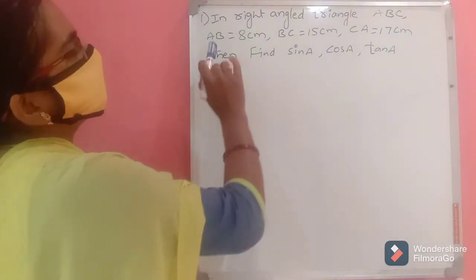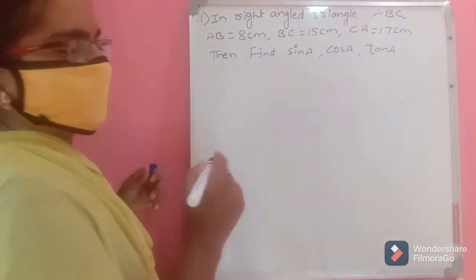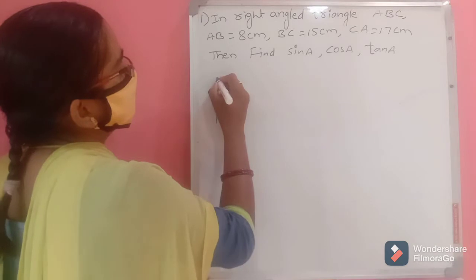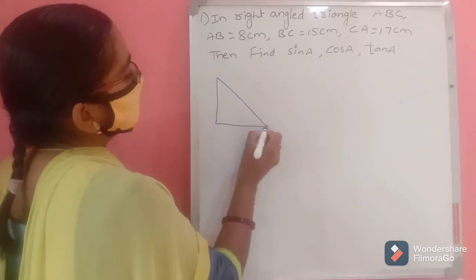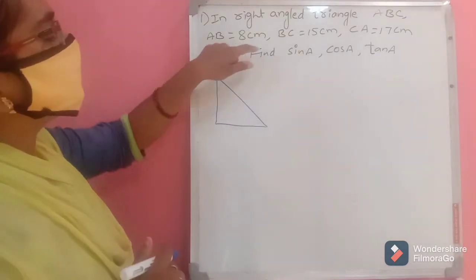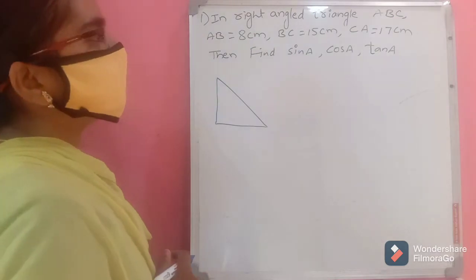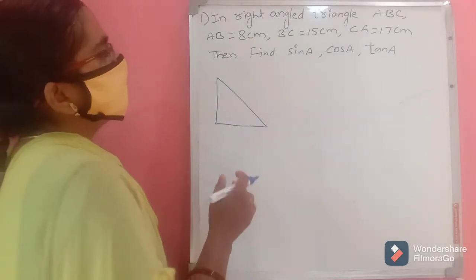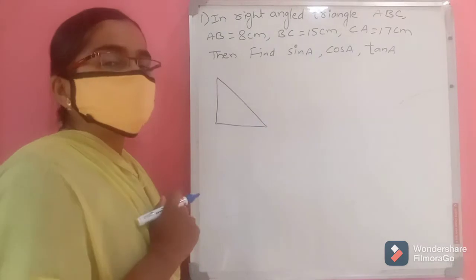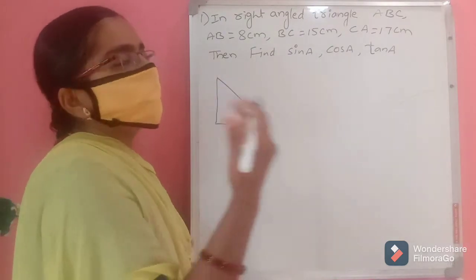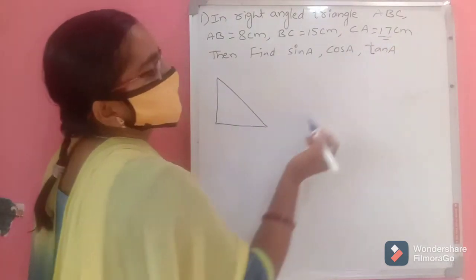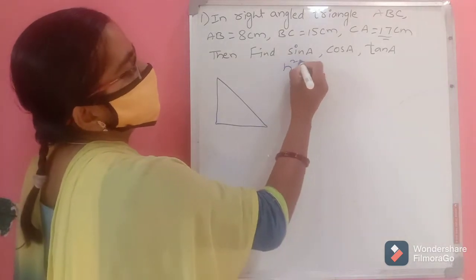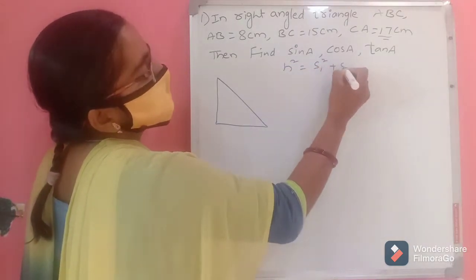Here, in right angle triangle ABC, AB is 8 cm, BC 15 cm, CA 17 cm. From these three, which is the hypotenuse? How can we know? It is the longer length. Why? Because according to Pythagoras theorem, hypotenuse square is equal to side 1 square plus side 2 square.